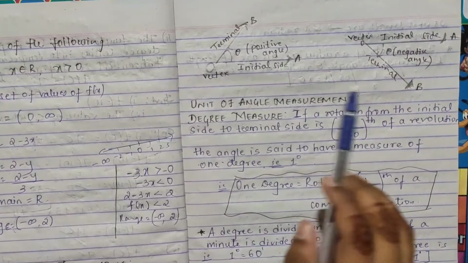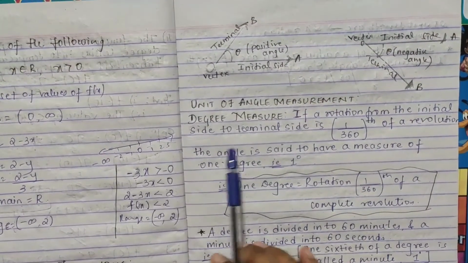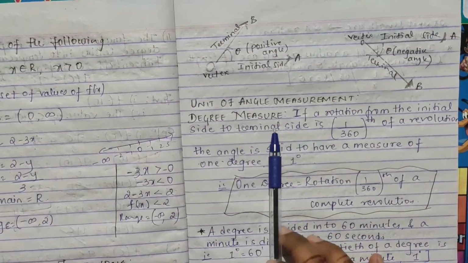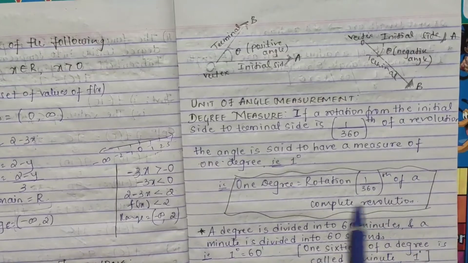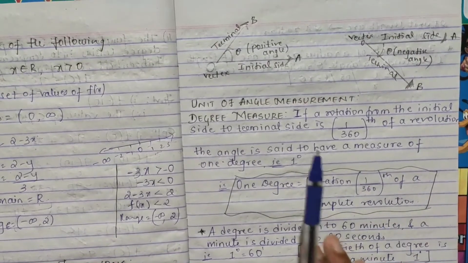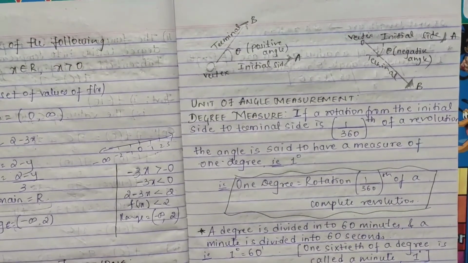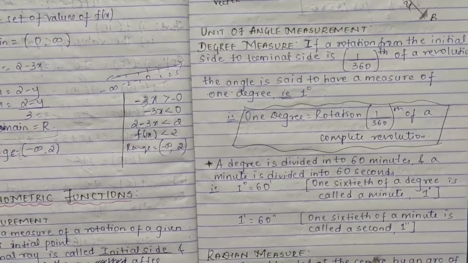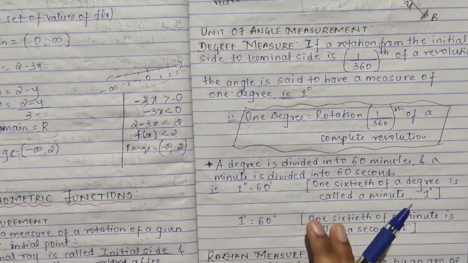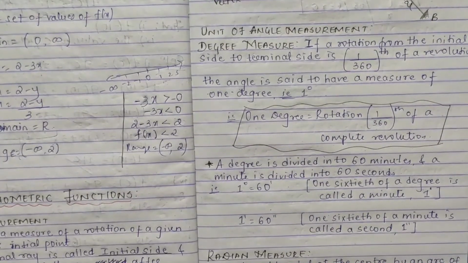Even the diagram is there. Then a unit of angle measurement, what is degree measure? What I said to you, the same. Here I have written 1 degree, rotation of 1 by 360th of a complete revolution. Pause the video to note it down. I have given everything point-wise, just note it down, students.